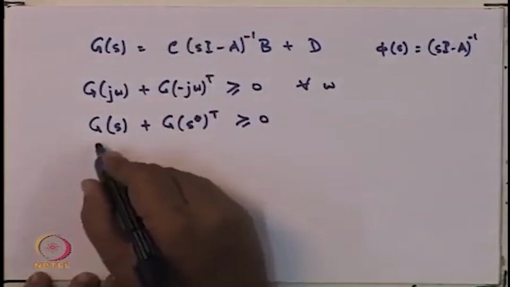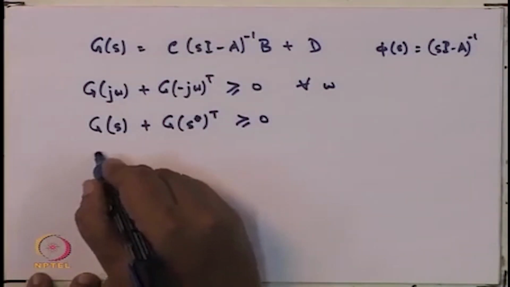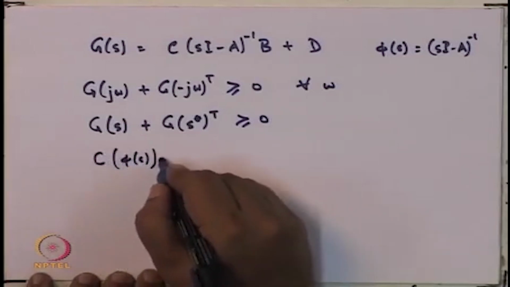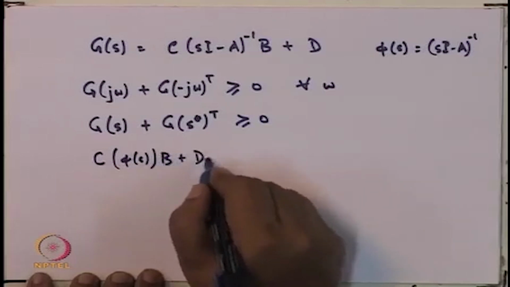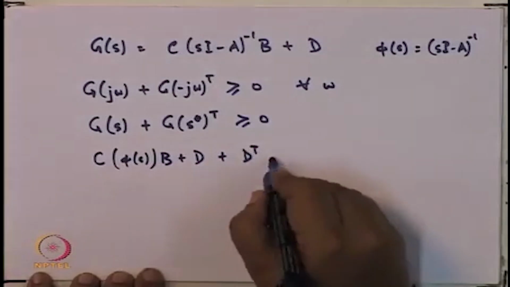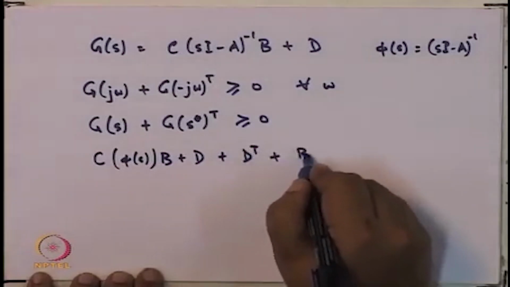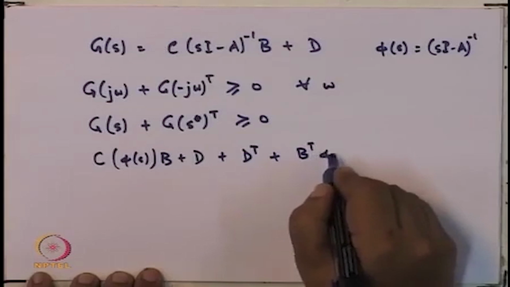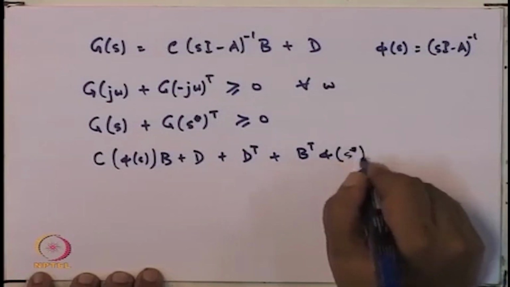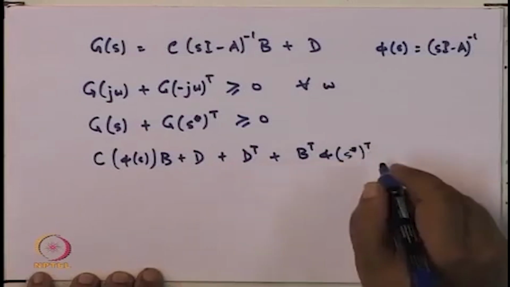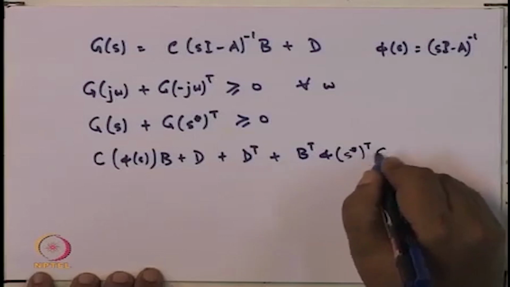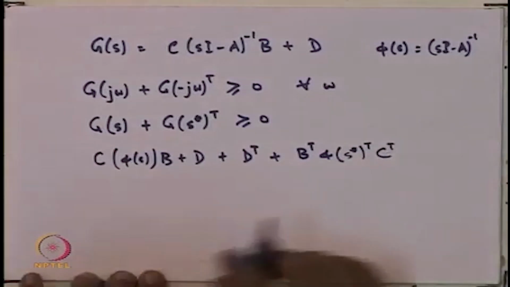So, this expression is C phi(s) B plus D, plus this expression will give me D transpose plus B transpose phi(s star) transpose C transpose.